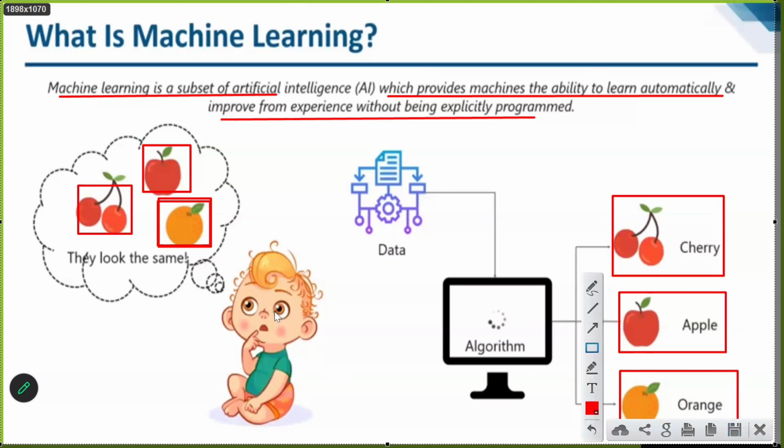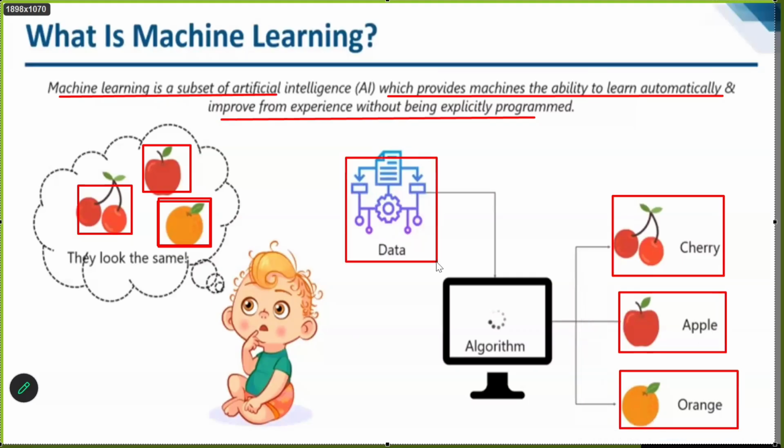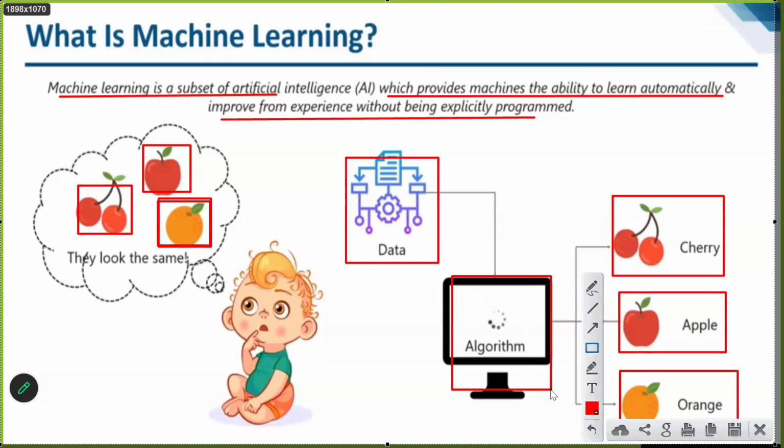So just like we learn from our experience, seeing the images of apples, cherries, oranges and all, machine learning also learns from the data. We give data to the model, and the model will understand the patterns inside the data and perform accordingly.